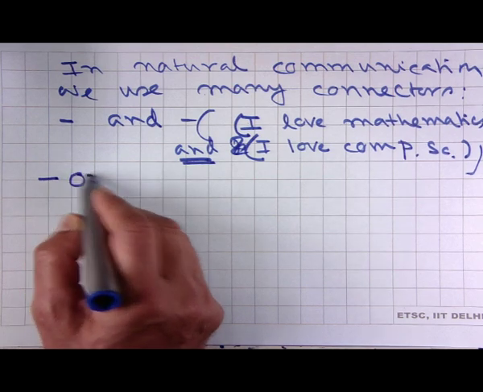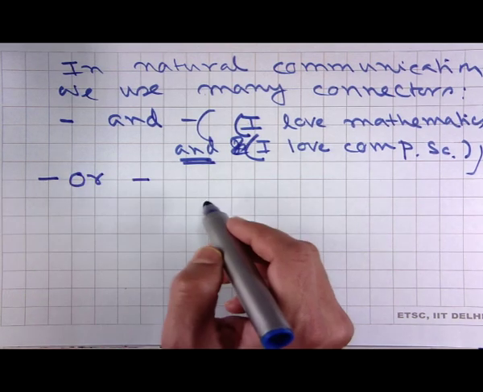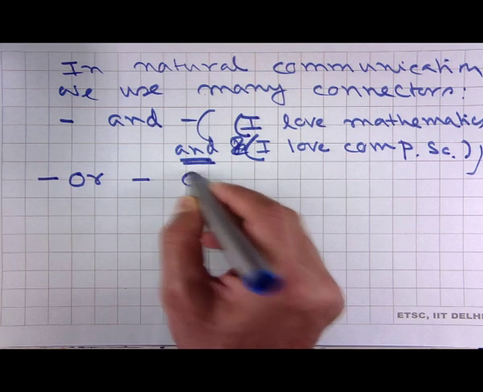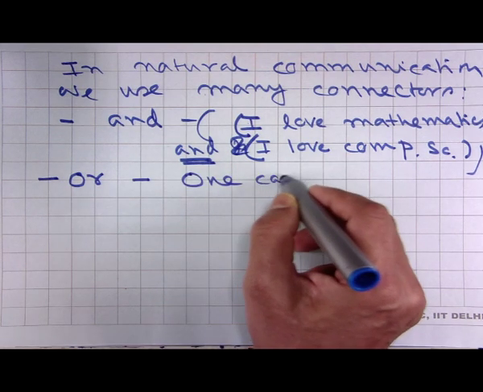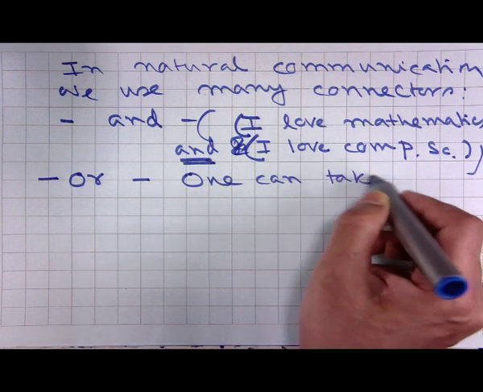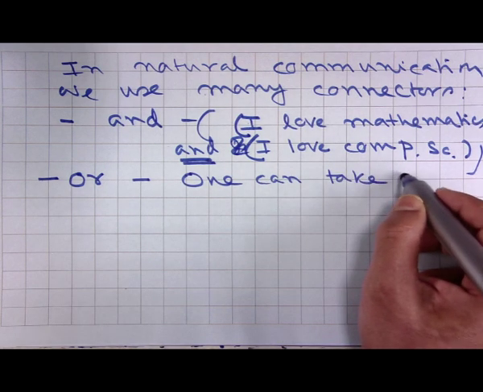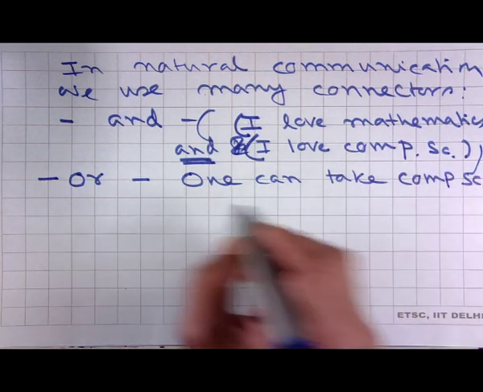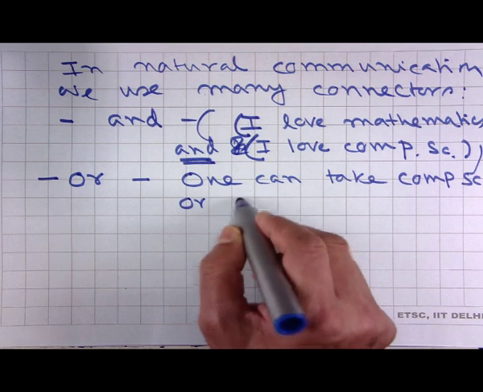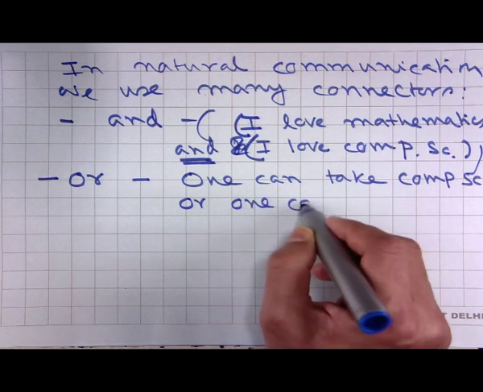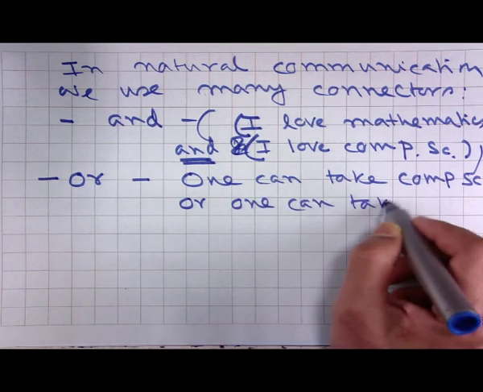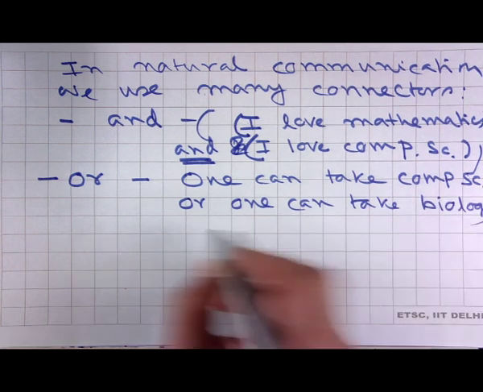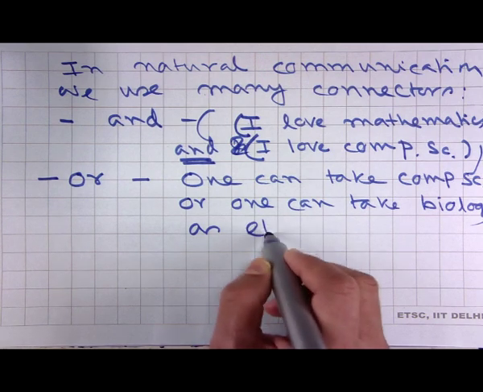Similarly, there is something called or: one can take computer science or one can take biology as electives.